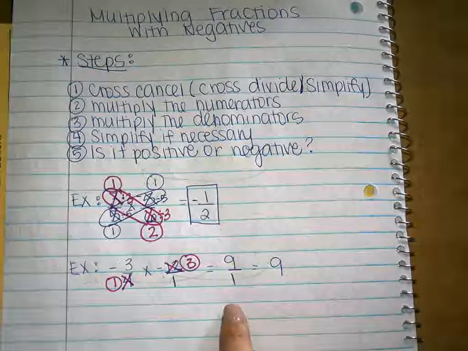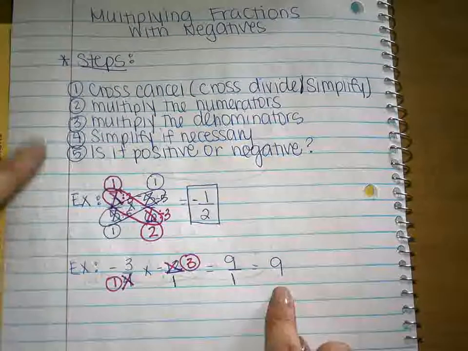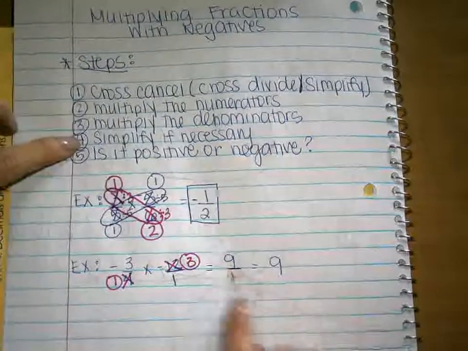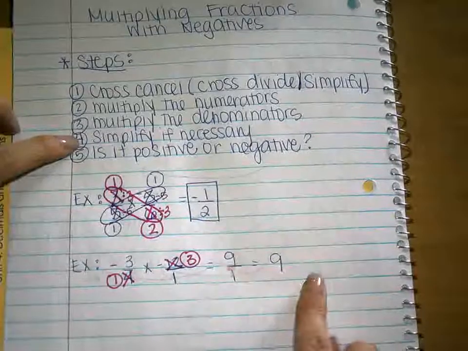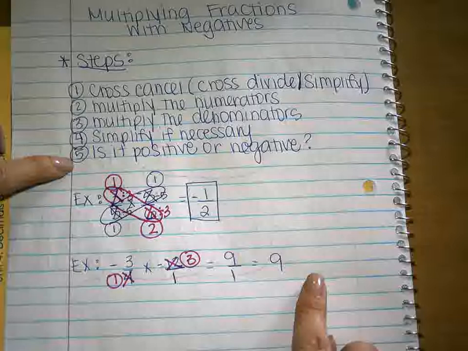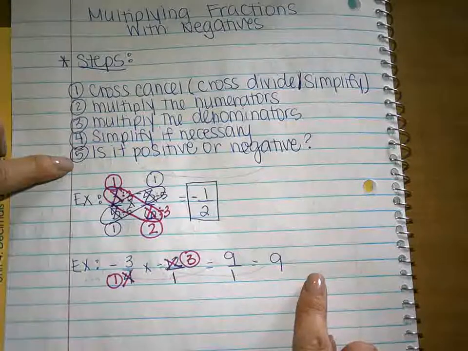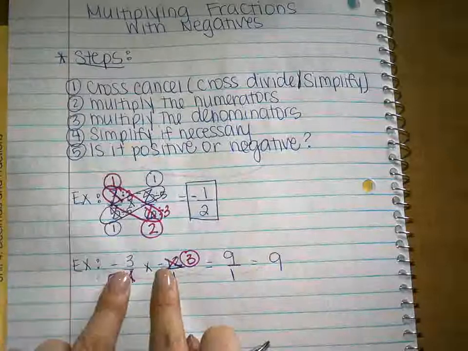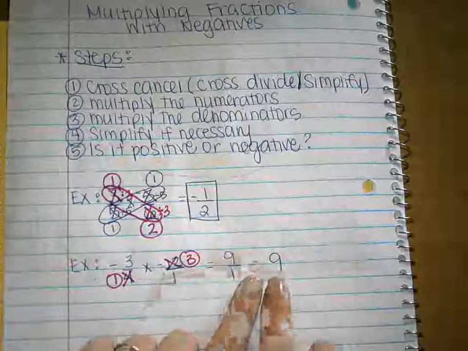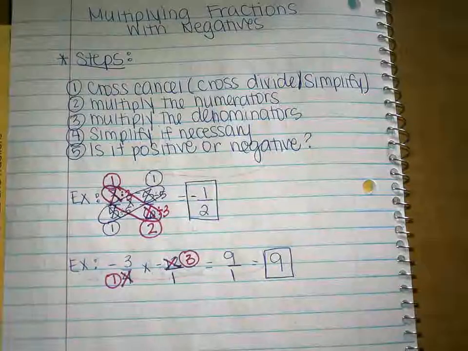Don't give me 9 over 1, even though they mean the same thing. Get in that habit of just putting it as a whole number. So that's essentially my simplifying right there. By taking that 1 away, you simplified. Is it positive or negative? Positive. They're both negative, so it's going to be a positive.